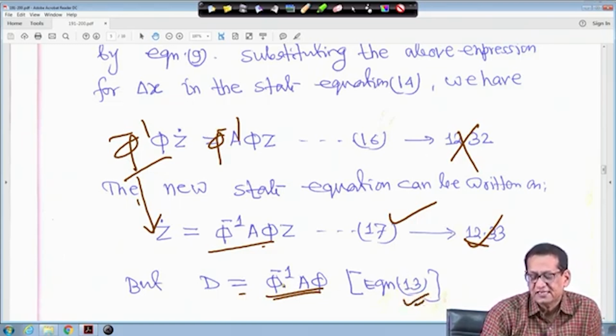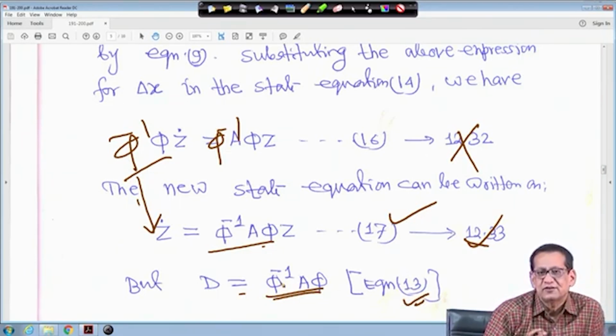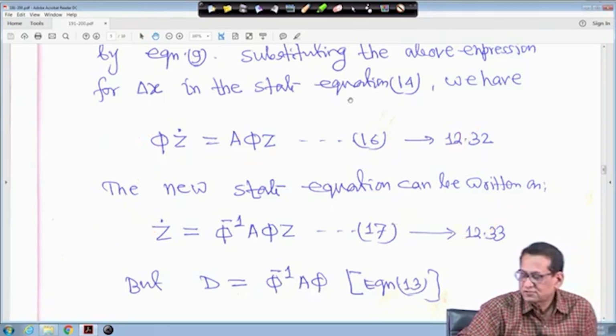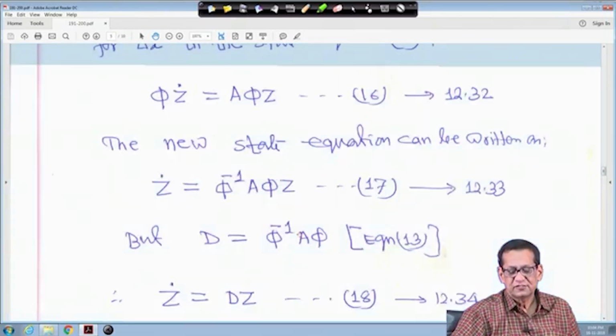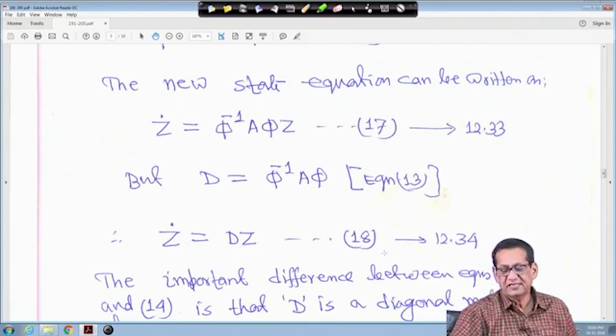D is the diagonal matrix, that is all diagonal elements are the eigenvalues of the A matrix. So, we can write z dot is equal to D z, this is equation 18.